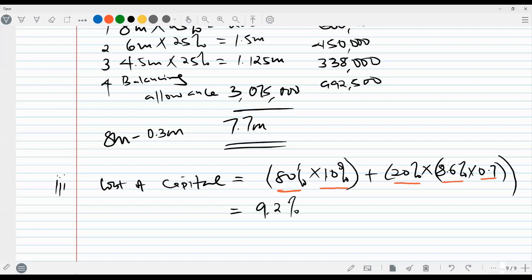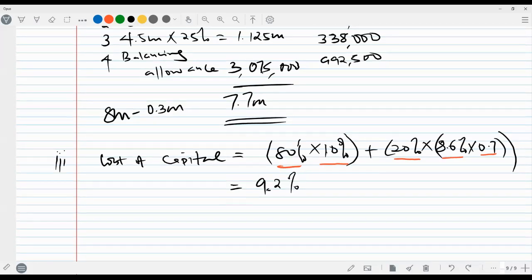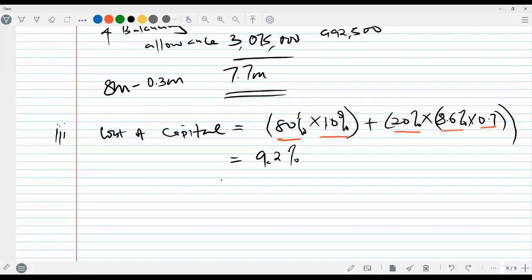Someone confirm 9.2%. It's correct. Great. So to the nearest, so that we can use our tables, we can assume it to be 9%.